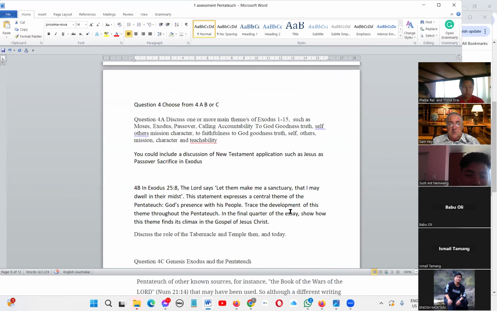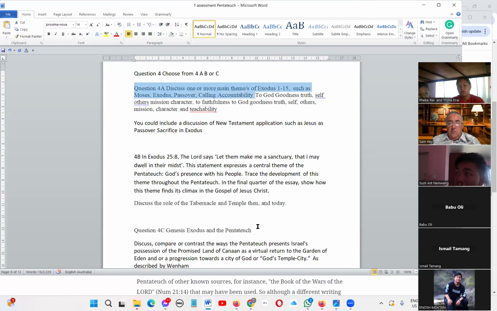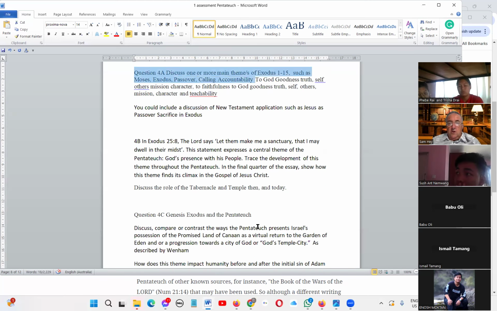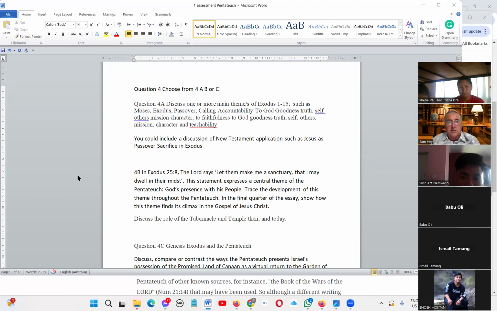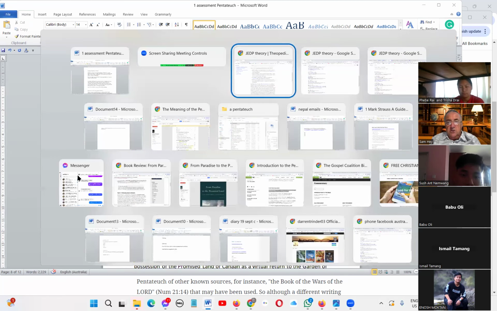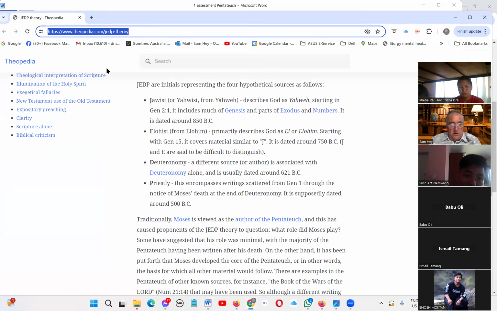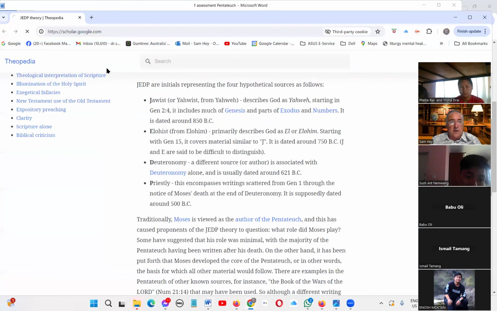And then the next question after that is the Exodus questions. You need to write one page or more on Exodus, and it could be on Moses, Exodus, or it could be on Passover, or it could be on calling. If you wanted to choose calling on Exodus, you could go to Google Scholar and look up calling on Exodus.